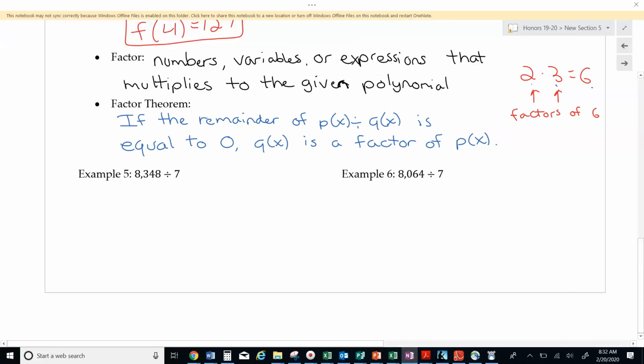Looking at these two quick examples, right? I have 8,348 divided by 7, right? Well, 7 goes into 8 once. 7 goes into 13 once, and 1 times 7 is 7. That's 6. 7 goes into 64 9 times, because 9 times 7 is 63.